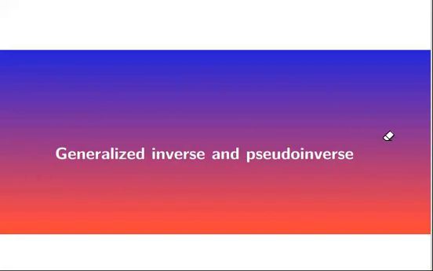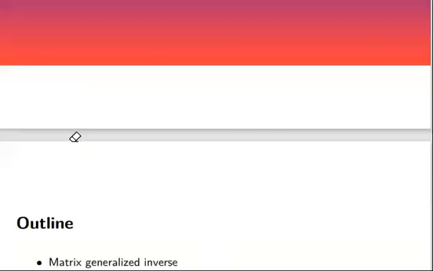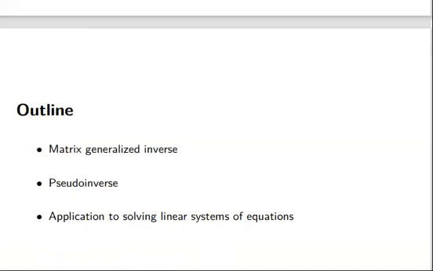Why do we discuss this topic? Yeah, so let me explain the reason. We started discussing obtaining solutions to this linear system, remember?